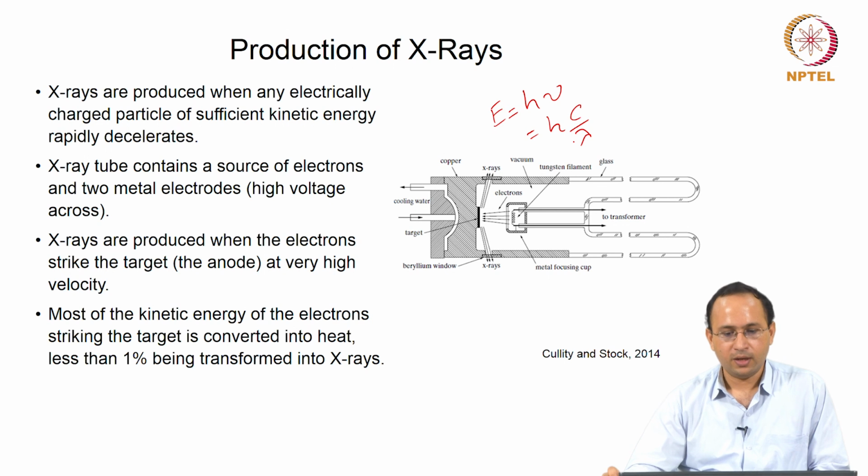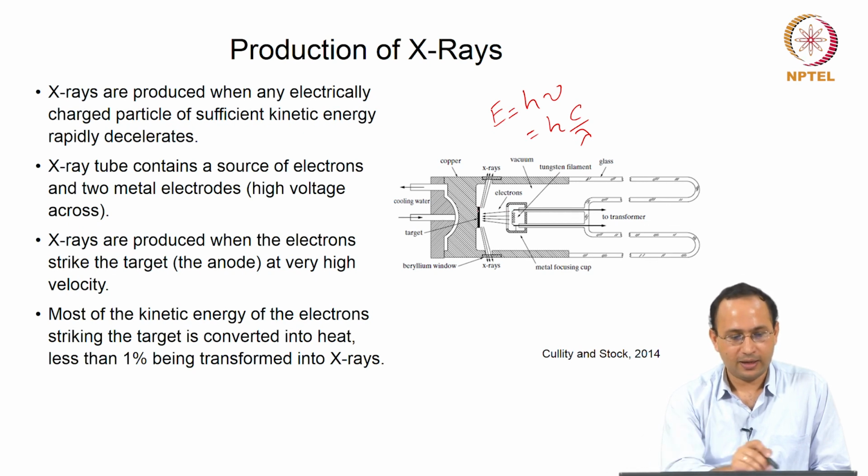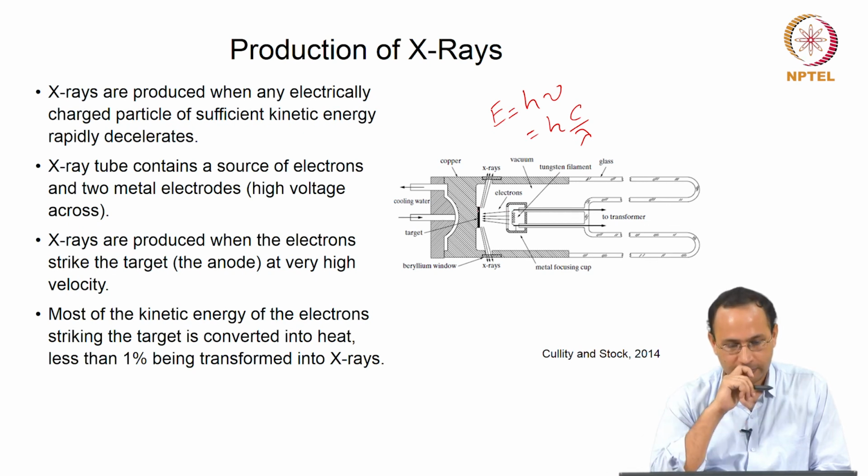Now the question comes, how do we produce these X-rays? If they are so advantageous, it is good to know how they are produced. X-rays are produced when an electrically charged particle of sufficient kinetic energy rapidly decelerates. That charged particle could be an electron. In this case you see the X-ray tube. What does an X-ray tube contain?